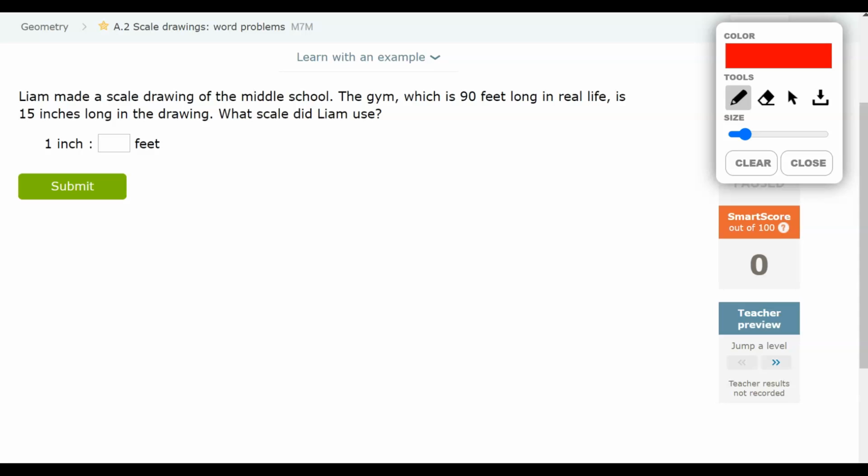So basically we have a before and after, or an older and newer, or a smaller and bigger. So the key here is organization, right? We basically got a small picture of a larger object or real shape or gym or whatever we're talking about.